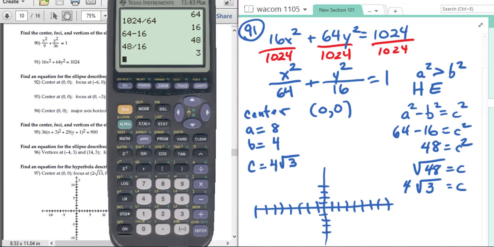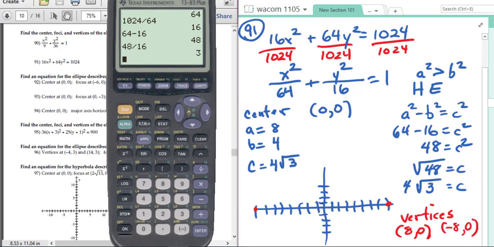All right, and so a is 8 and a negative 8 here. Those are our vertices because that is our main axis, our major axis. So our vertices are (8, 0) and (-8, 0).